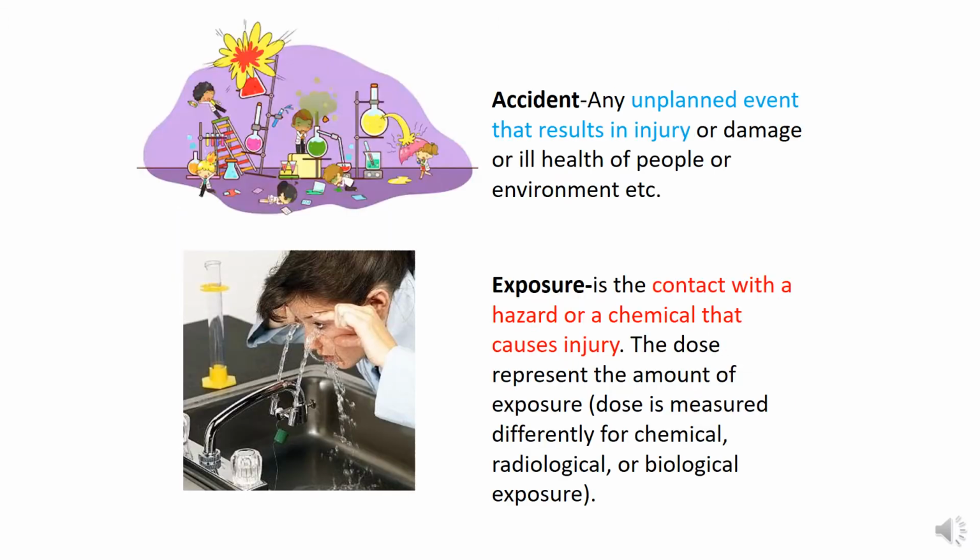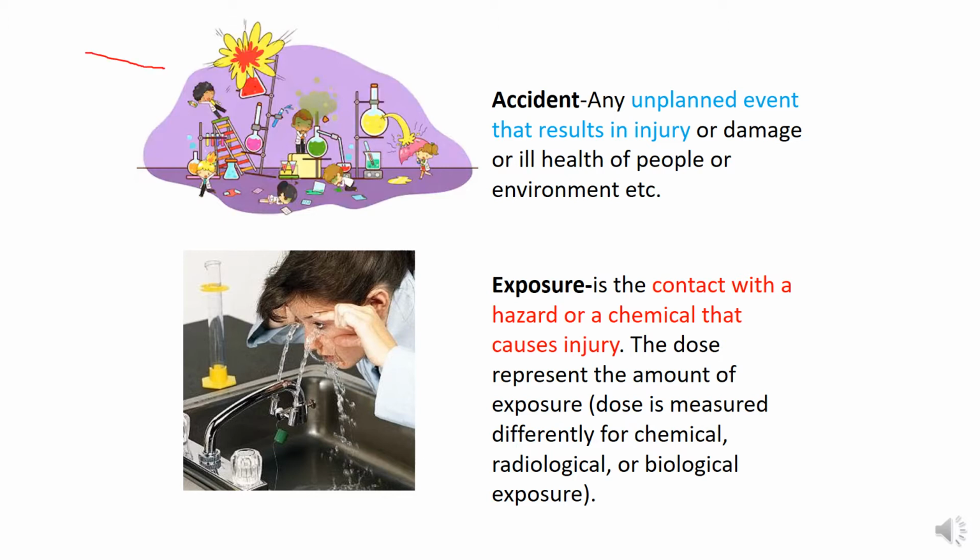Of course this term is also very commonly used, and we should understand accident, although this is a normal terminology that we use for road accidents, etc. Accident is any unplanned event, because while you are working in the lab there are many chances.